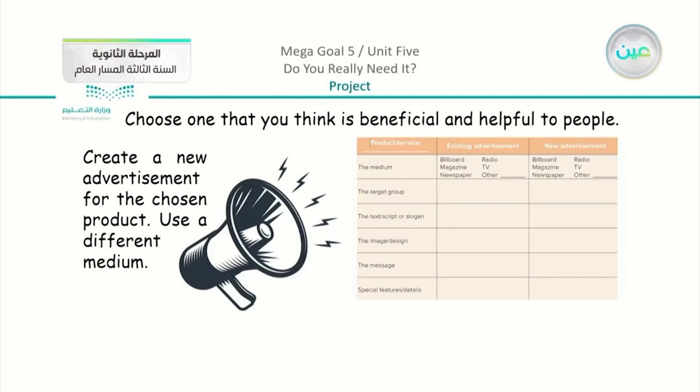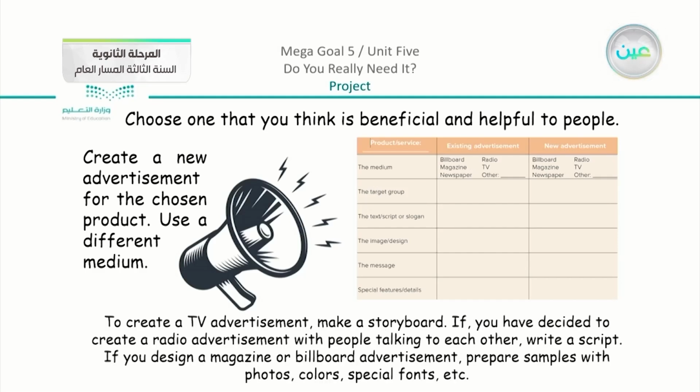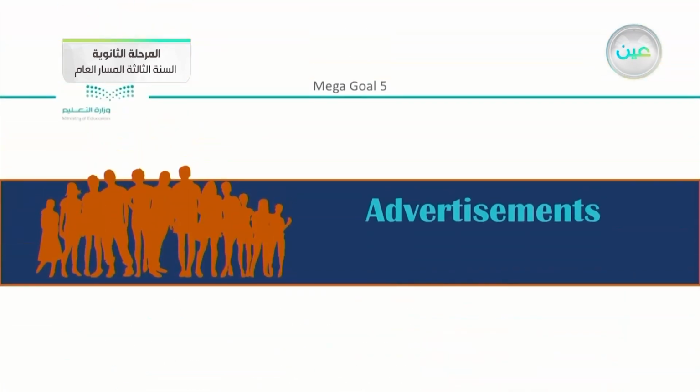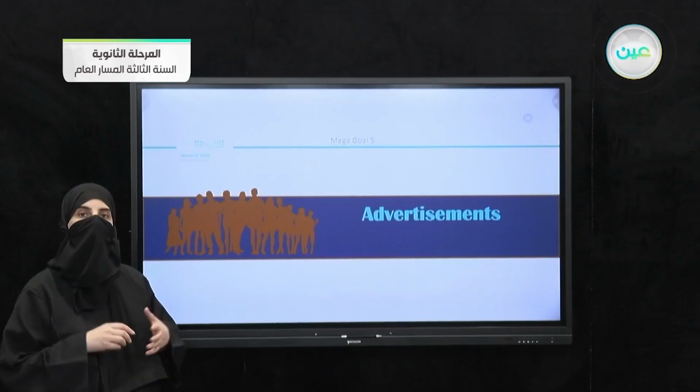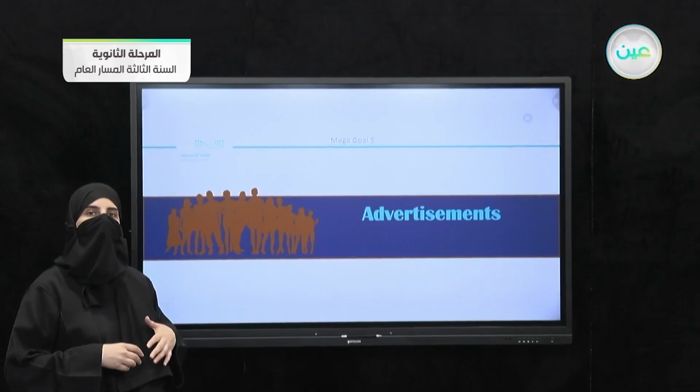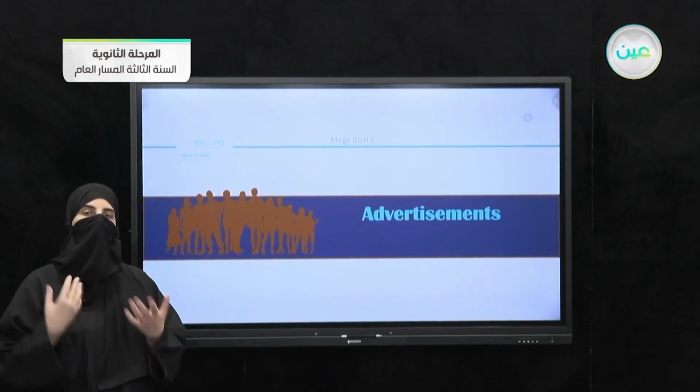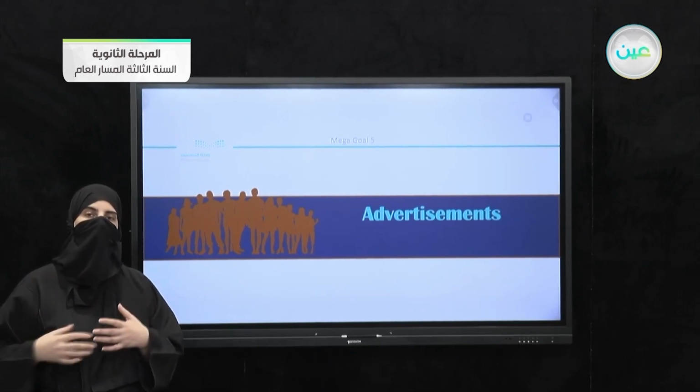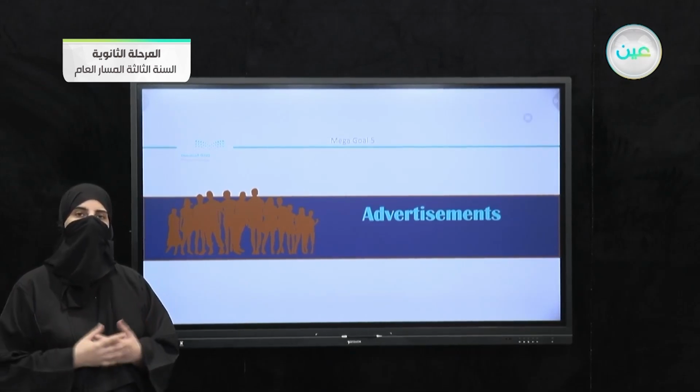This is what we have in our project. We can also use this kind of chart just to compare between the old advertisement and the new advertisement, and I remind you that it is about the same product. So generally, we had Unit 5, Do You Really Need It, about advertisements. And as we know, these advertisements can be aimed at any type of person or the different people that we have in the society.